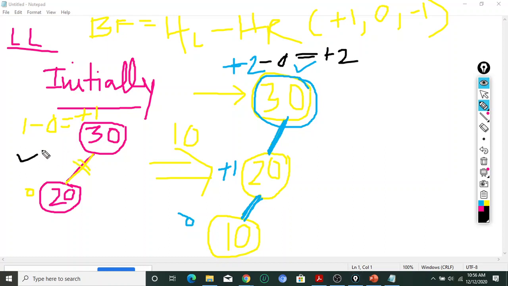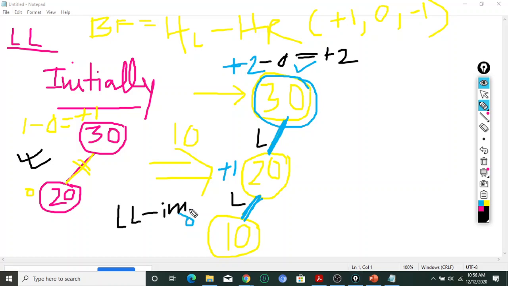Initially this was my tree, and after adding this node, at which position have we added it? Left. So we have added a node in the left subtree of the root node's left subtree. So left of left. Is it understood? L. That's why it is called an L imbalance.